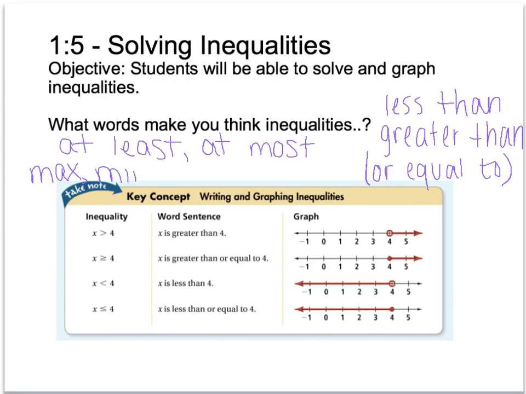I'm going to abbreviate maximum, minimum. Or how about no more than or no less than? These are all just words that you should be hearing and then thinking, oh, I can make that into an inequality.